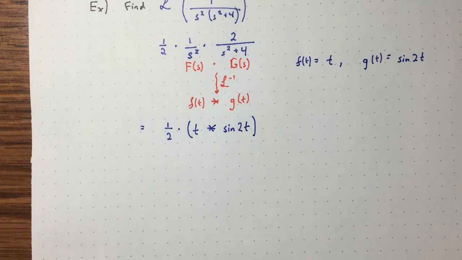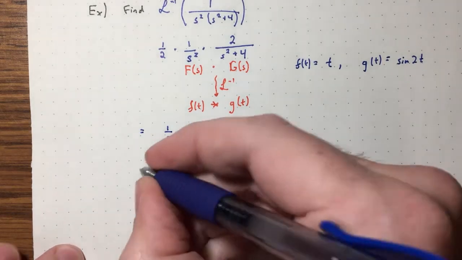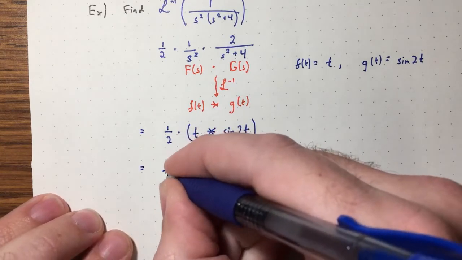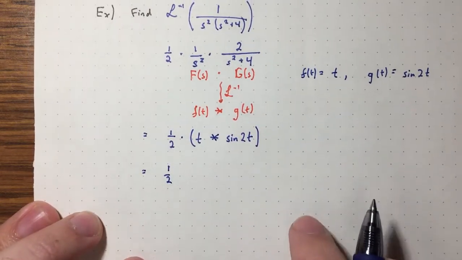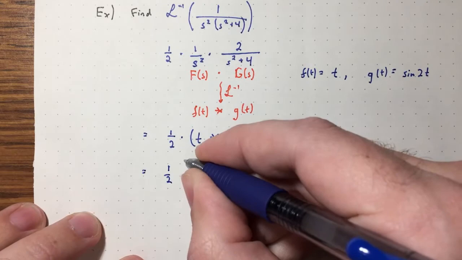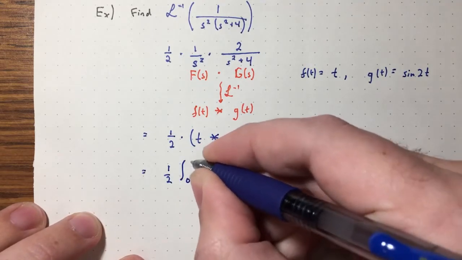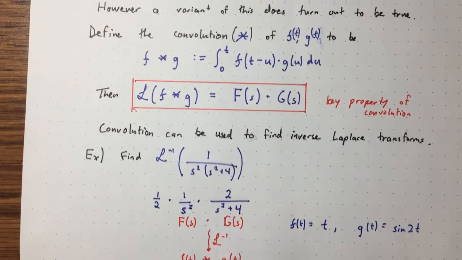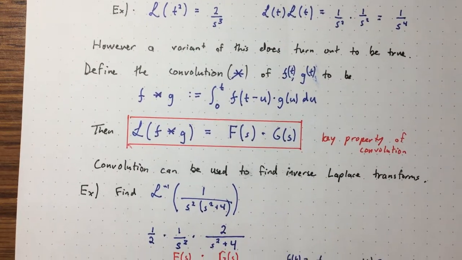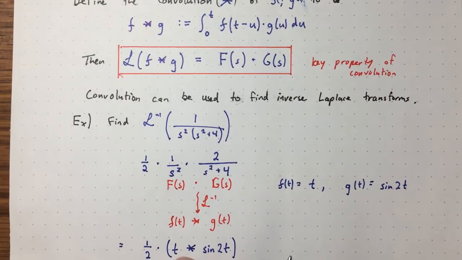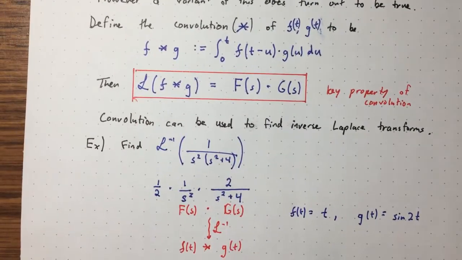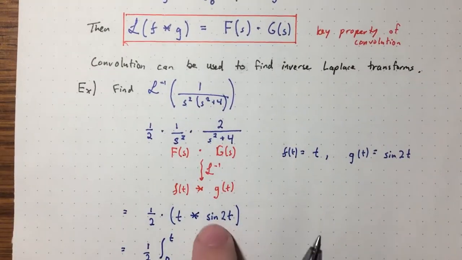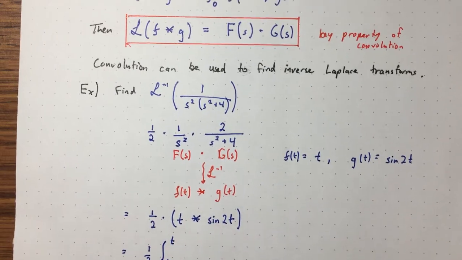Well, what is this? Let's write out the definition of the convolution, so we'll get some practice actually using this integral. It's the integral from 0 to t of, okay, I have a t and I have a sine 2t. So my t will be this f and my sine 2t will be this g. We're actually going to see it doesn't matter what order you do it in.